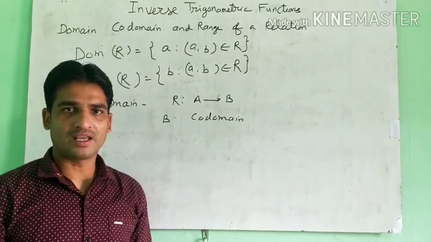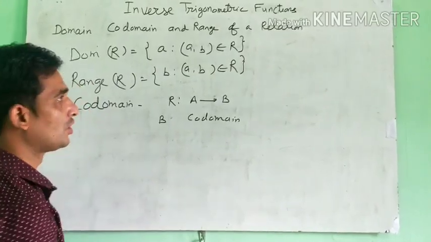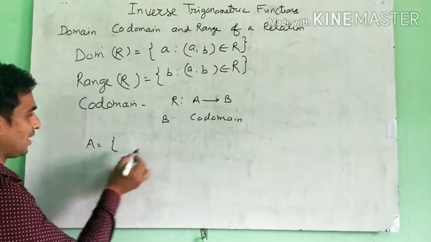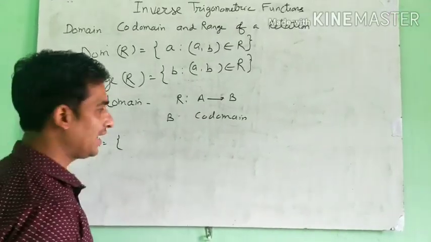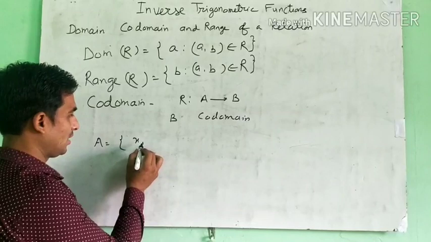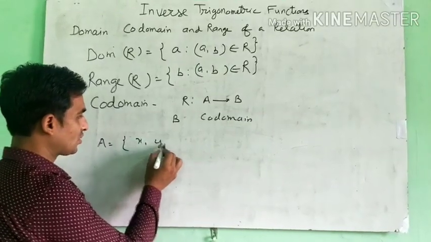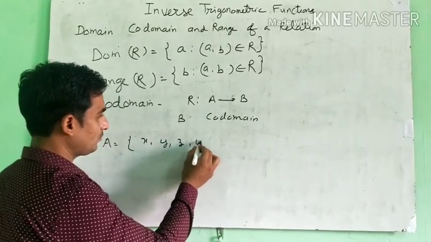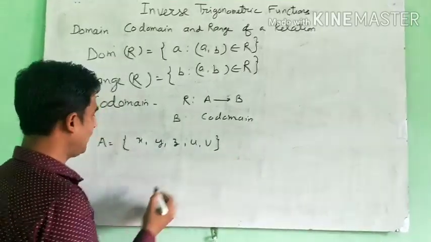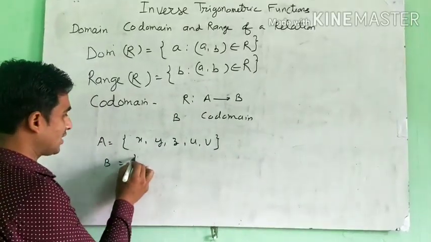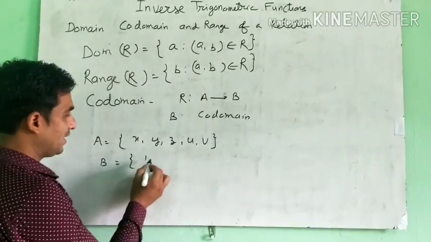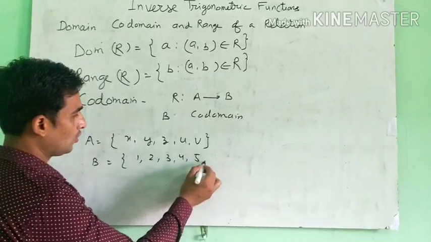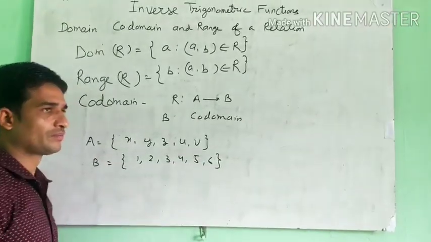Now I give an example. Suppose there are two sets A and B, and set A contains X, Y, Z, U, V, and set B contains 1, 2, 3, 4, 5, 6.